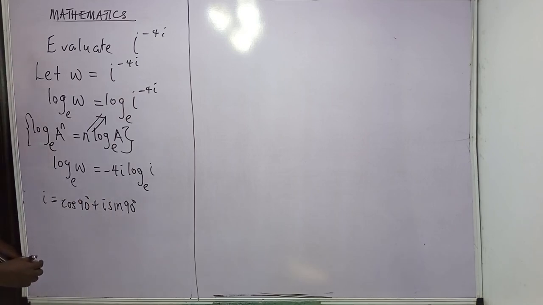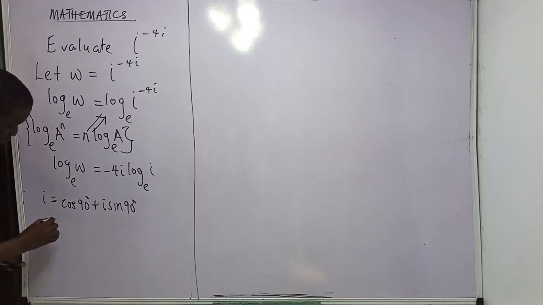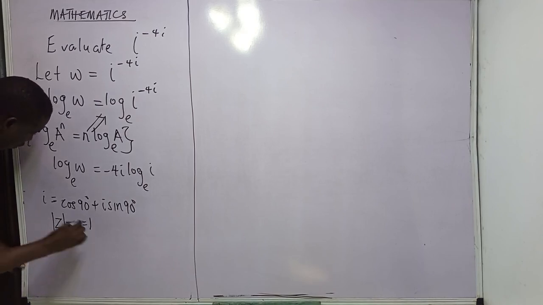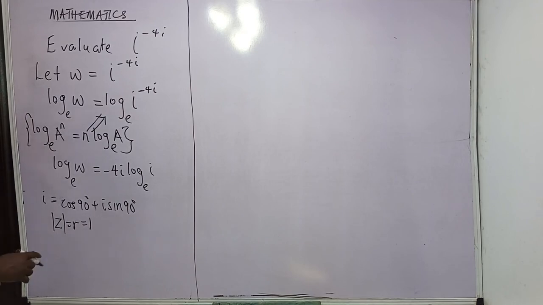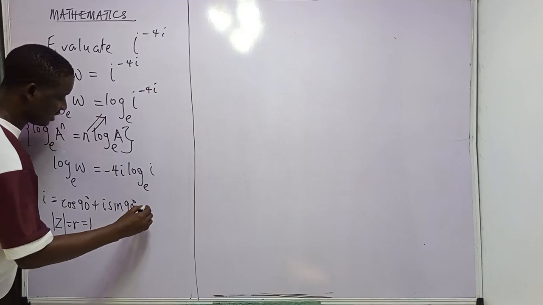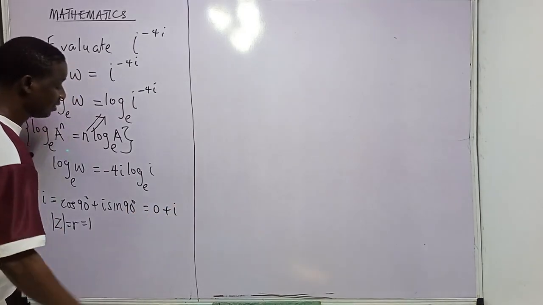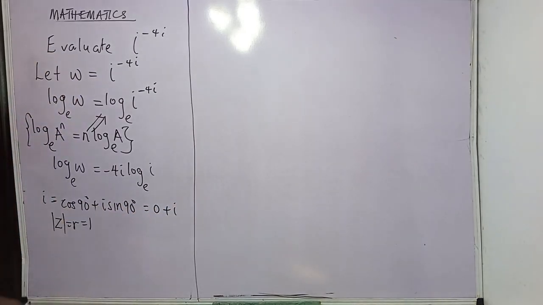So therefore, don't forget that the absolute value of this, which is r, is equal to 1 automatically, because this is more or less like 0 plus i. If you find the absolute value of this, it's 1, and if you take the argument, it is 90, because 1 divided by 0 is infinity, and infinity is 90.